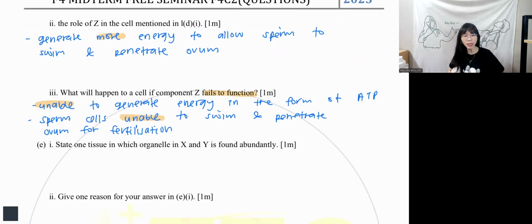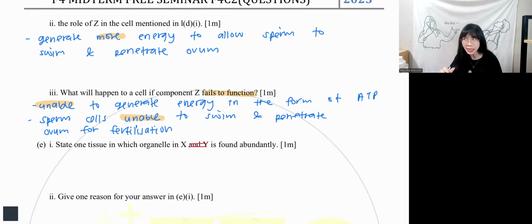Okay, next. State one tissue in which X and Y are found abundant. So that's why I say, for this question, Y is supposed to be rough ER, but the diagram is not very good. Because Y is supposed to be RER, so that you have a relationship, you have an answer for X and Y. So right now, we only write for X. Y we write for different answer later.